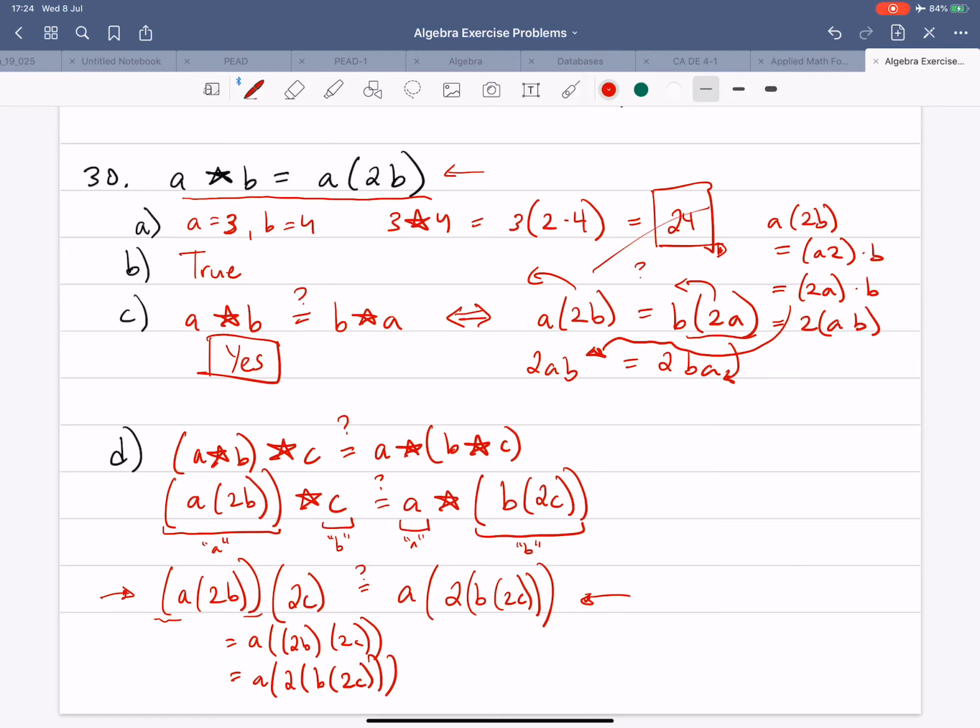And this is exactly my expression up here, which I was able to get to using the associative axiom of multiplication. So this is also going to be a yes, that the star operator is associative.